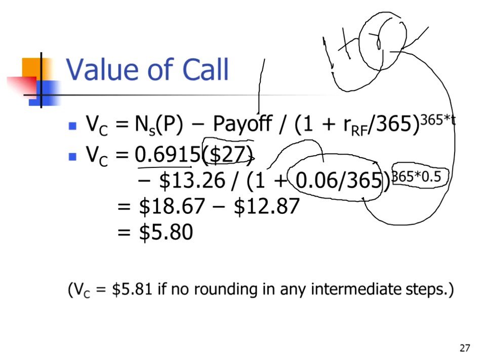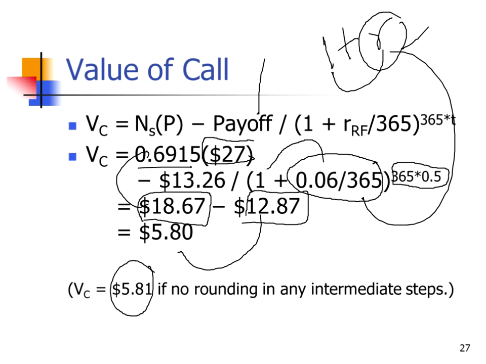Okay, because you are trying to standardize it based on the number of times compounding. So this will be 18.65, because that's 0.6915 multiplied by 27, and that minus 12.87.